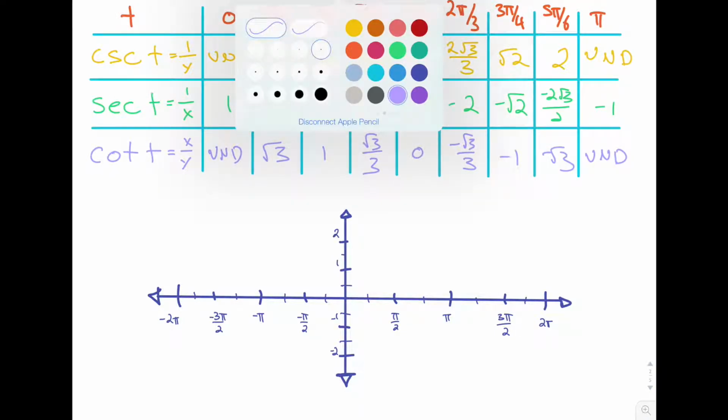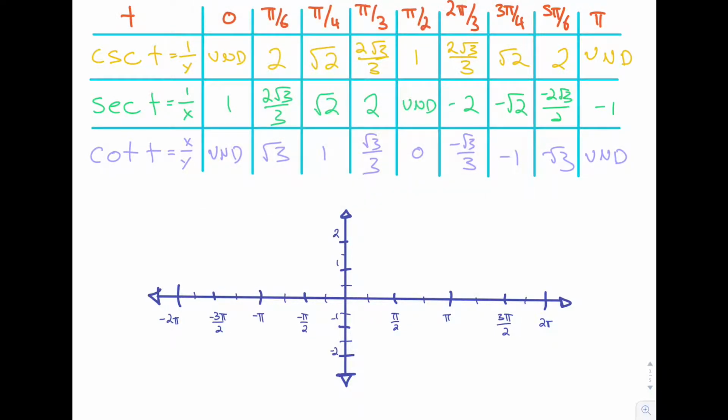So we'll begin with cosecant. So at 0, we're undefined. That should tell us we have an asymptote. At pi over 6, we hit 2, so that's like right about there. Pi over 4, we're at root 2. Remember, root 2 is a little bit above 1.